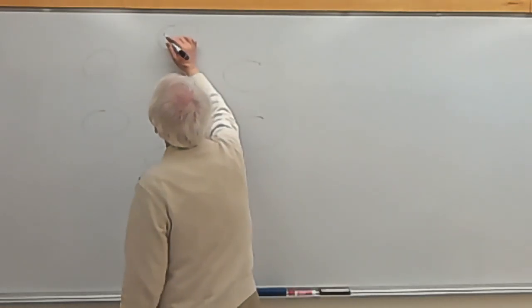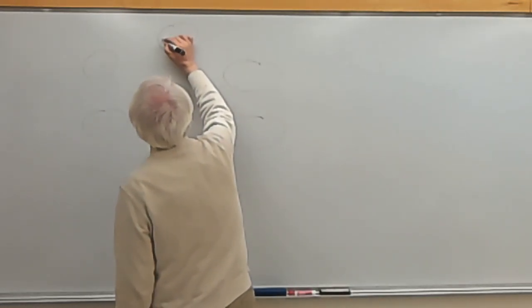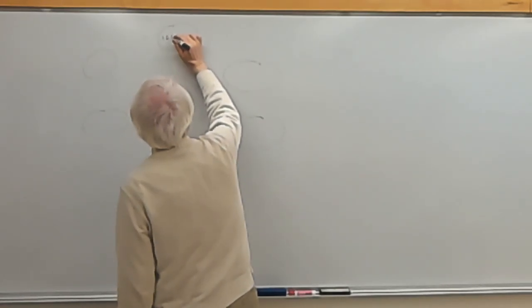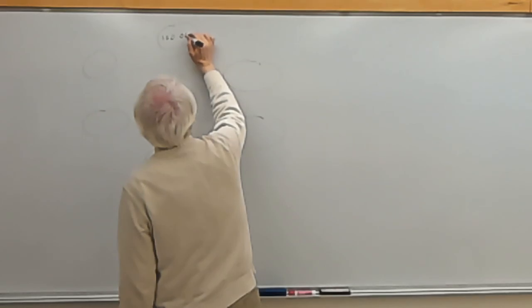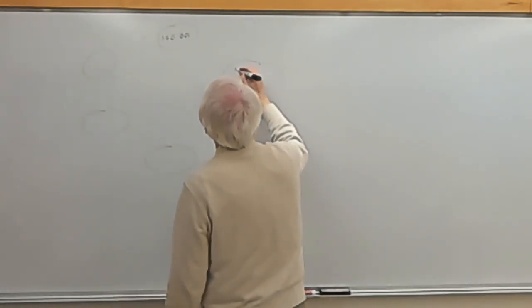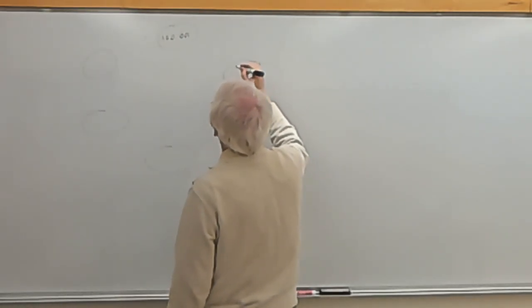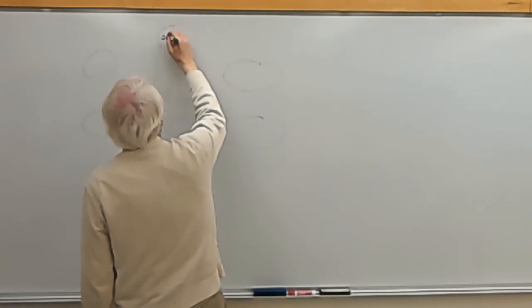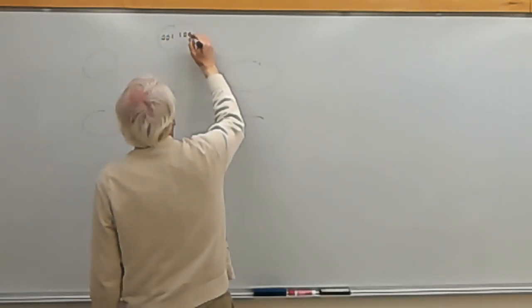And I'm going to put in the middle the numbers from before. So, starting with this red light on and this green light on. And then we went, I think I did that backwards. I'm going to start with this green light on and this red light on.